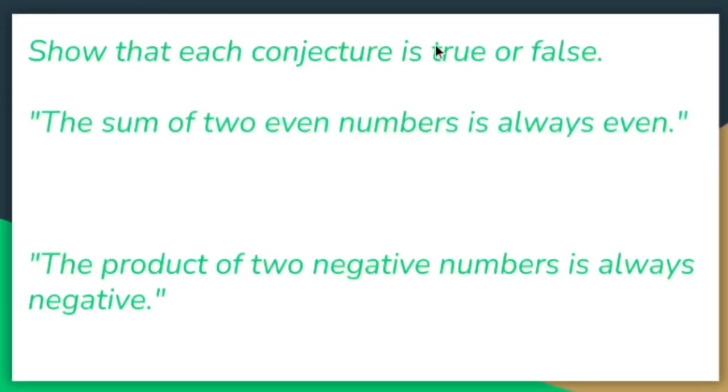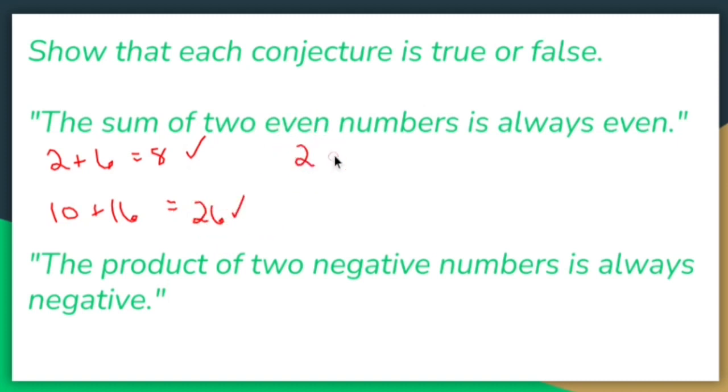Show that each conjecture is either true or false. So, all right, so I've got 2 statements here, and I need to show if the statement is a correct statement or not a correct statement. The sum of 2 even numbers is always even. So let's try a few out. 2 plus 6 is 8, even, check. 10 plus 16 equals 26, even, check.